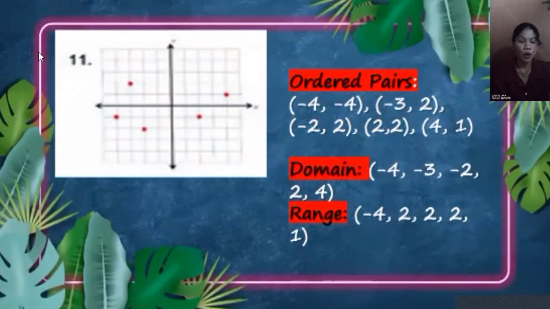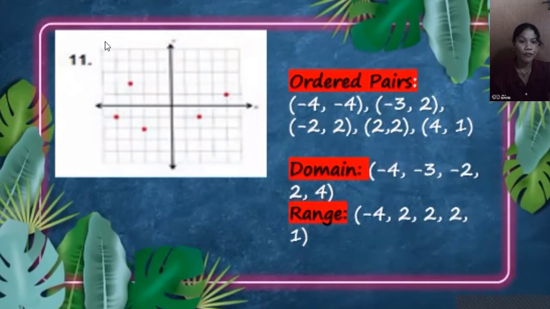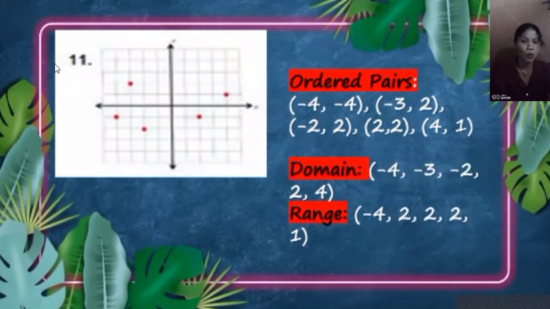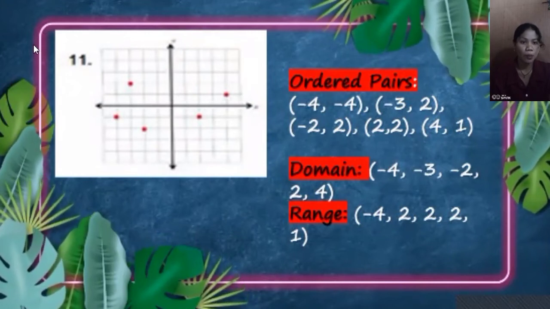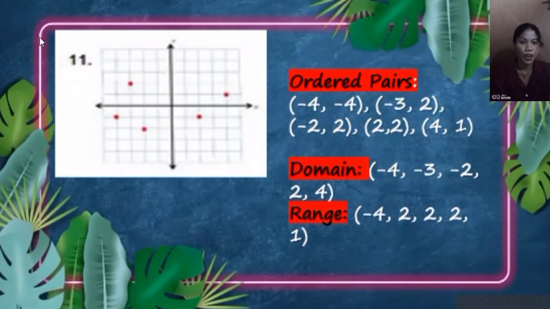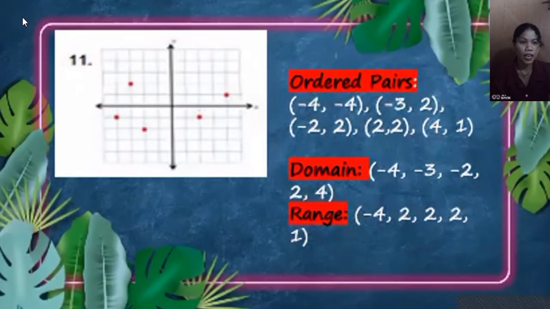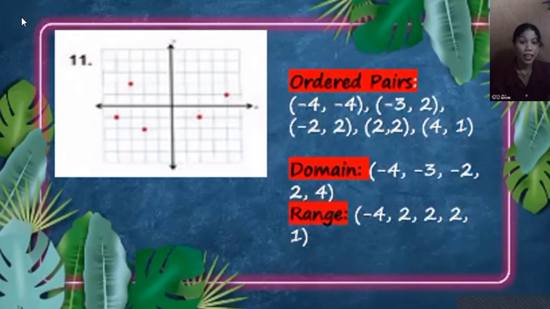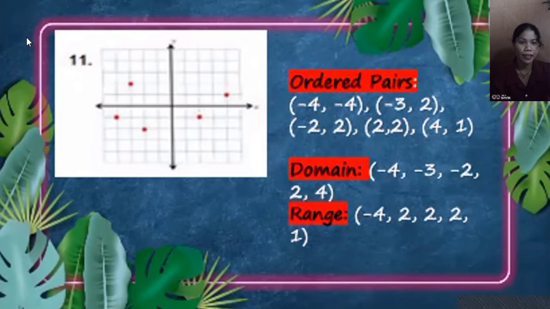From this point, negative 4, these are x values, y values, quadrant 1, quadrant 2, quadrant 3, quadrant 4. So the domain is negative 4, the range is negative 4. From this point, negative 3 is the domain, and 2 is the range.